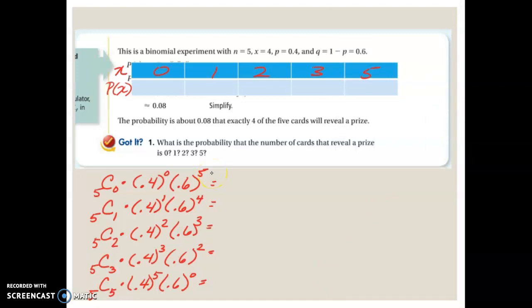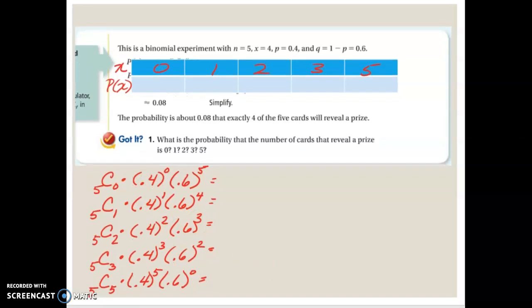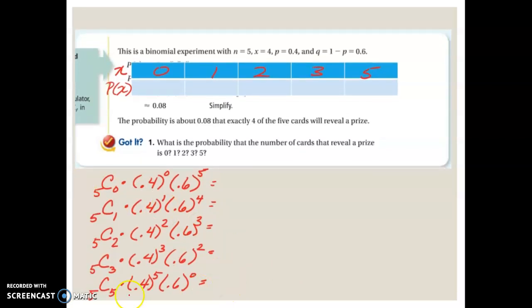Okay. Combination of 5, 0 is back to where we had before. I can't get back to that slide. Back to where we had before, it is 5 over 5 and 0, just like we have here, which is equal to 1. 0.4 to the 0 is also 1.